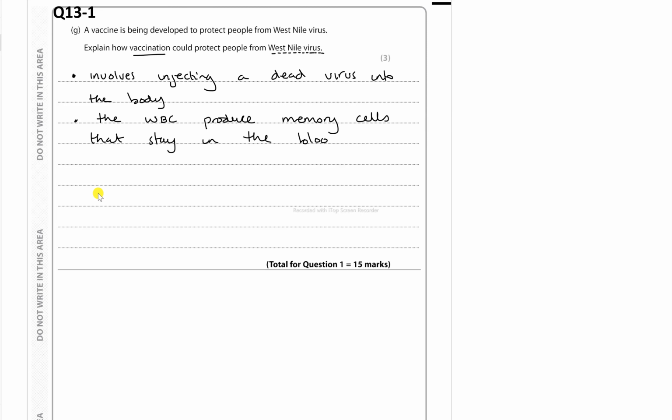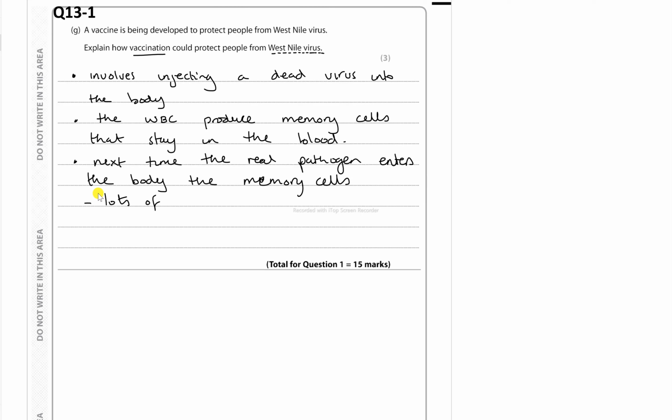In the blood. What happens? So the next time the real pathogen enters the body, the memory cells, what do they do? They produce lots of antibodies quickly to kill off the pathogen.